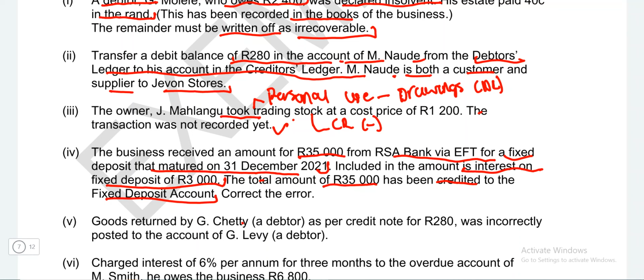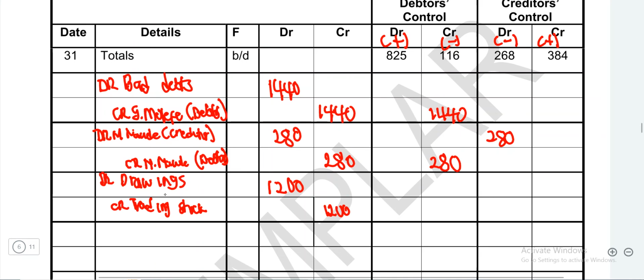Remember, when there's an error, you firstly reverse and then you do the right thing. So we are going to say debit fixed deposit, and then we credit interest income. The amount is 3,000.